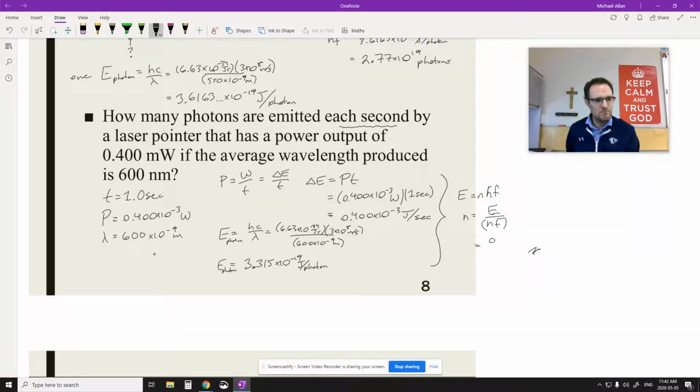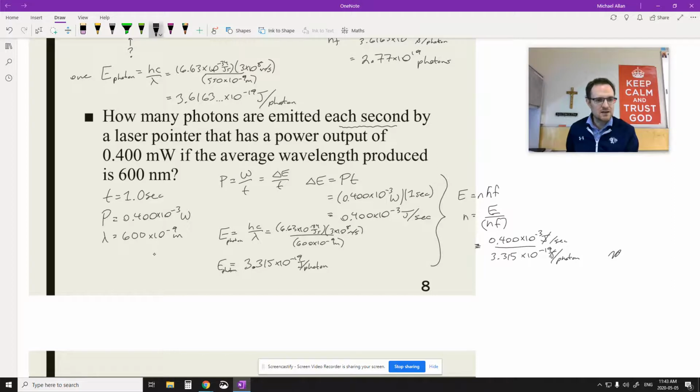So I'm going to take the amount of joules that we have, which is a big number in comparison, right? And divide by the small number here. This is per second here.